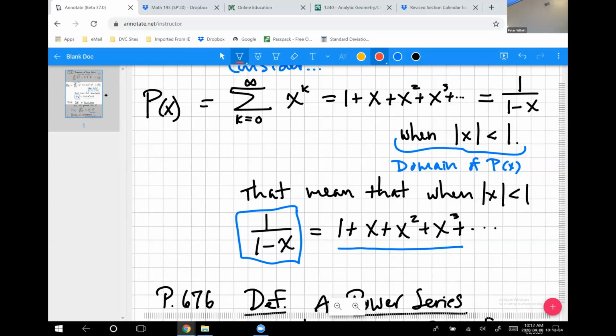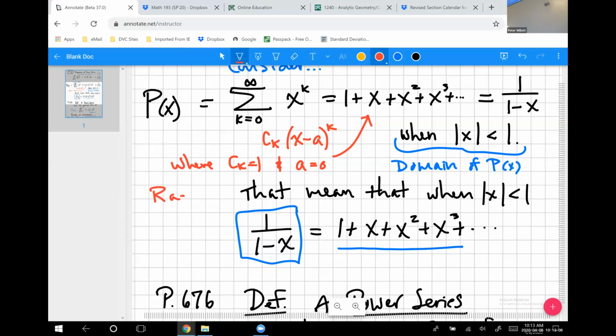You can see that I can imagine this original power series was c sub k times (x minus a) to the k, where c sub k was equal to 1 for every value, and a was equal to 0, so it just dropped out. So when that happens, we got this particular power series. In this power series, the a value is 0.